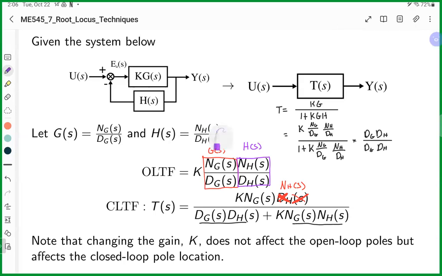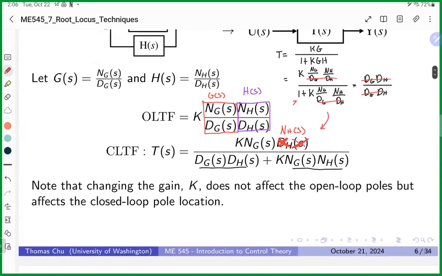And these will cancel out. And we get dg dh right here. So then we get this term now. And I want to note that the closed loop poles are made of two components.